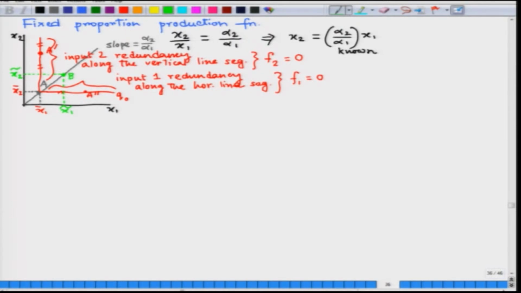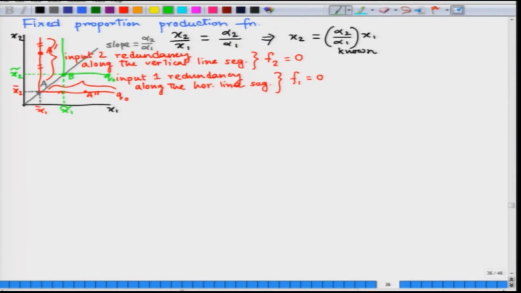So, similarly I can now formulate parallel lines to x1 and x2 axis, and these line segments along with this point B will present the isoquant for the output level say q naught.